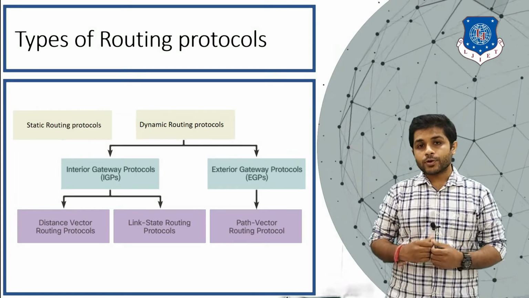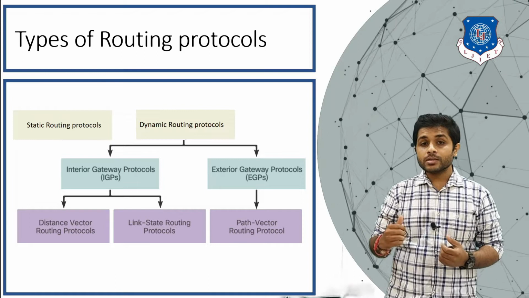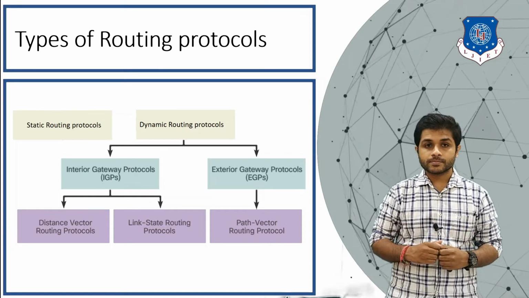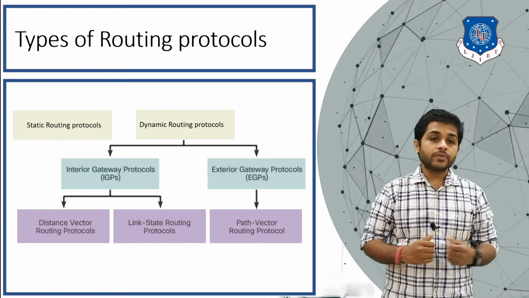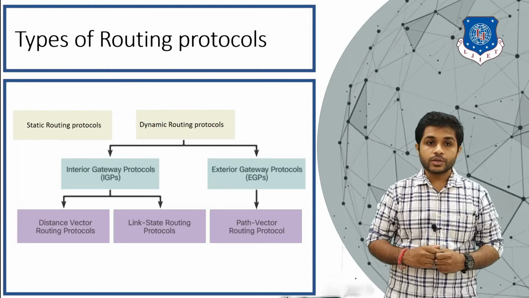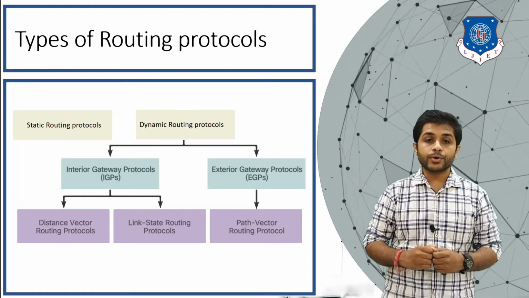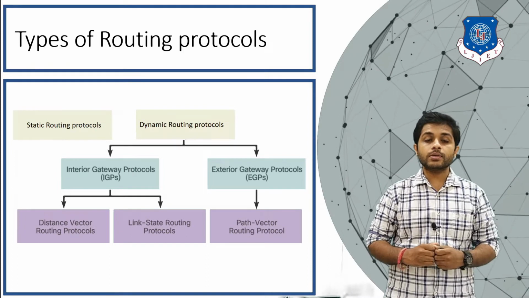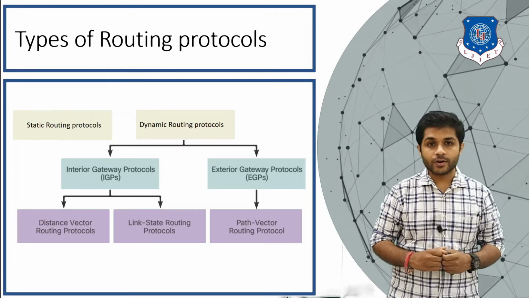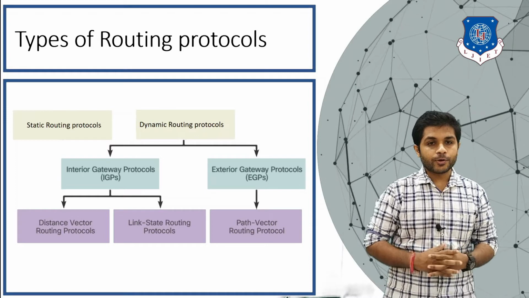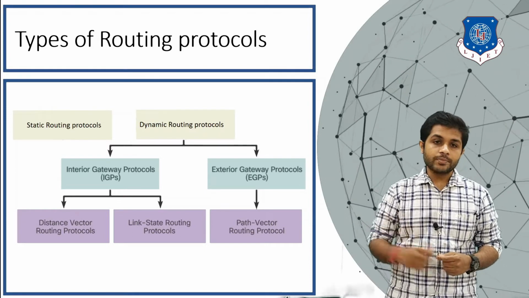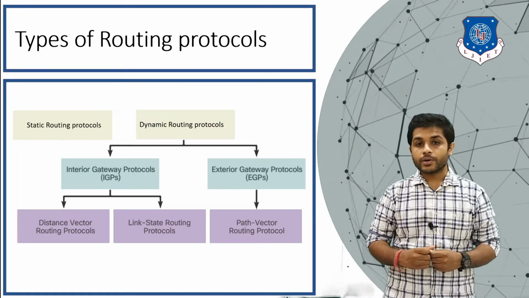Exterior gateway protocols are used between different autonomous systems. The interior gateway protocols have two types: distance vector routing protocol and link state routing protocol. The exterior gateway protocol has only one type, which is called path vector routing protocol.